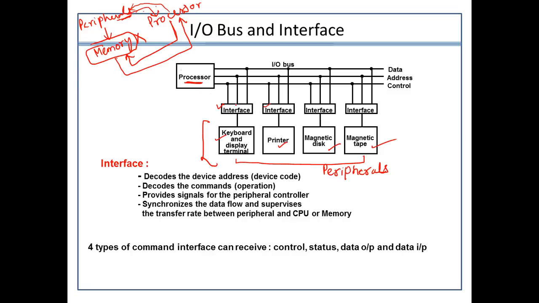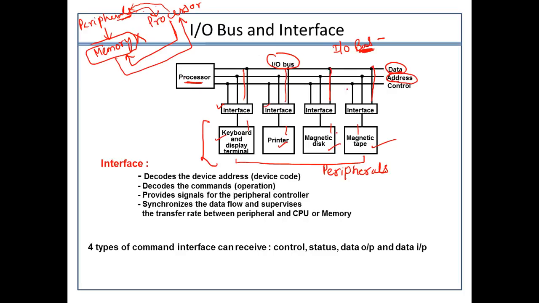Now, with each individual input or output device, we have an interface. And from this interface we usually drive the IO bus. IO is the input output bus. What does this input output bus consist of? It consists of three different bus lines. One bus line is the carrier of the data, showing which kind of data we need to reflect in the processor.